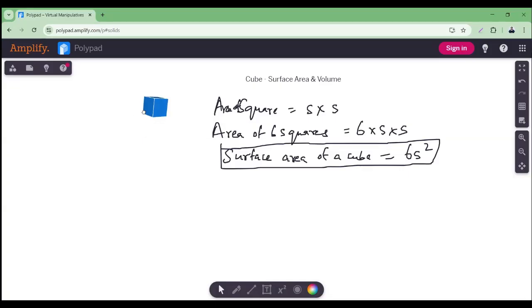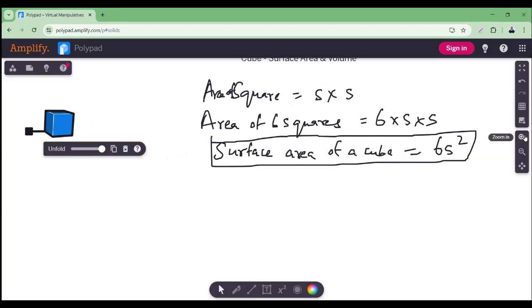Now, how do we find that volume? Now, imagine the same cube to be made up of, let's say, plates of squares. Let's imagine a square plate.